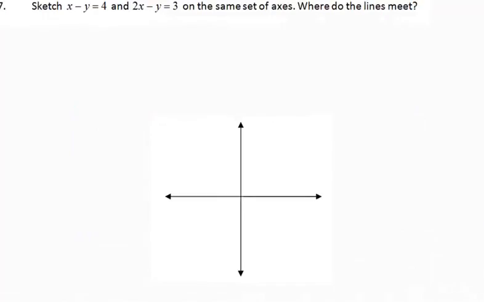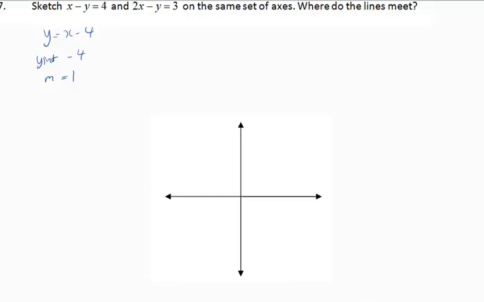So now for 7, we want to sketch 2 different lines onto our graph here. So if we rearrange our equation here, y, switch to the other side, is x minus 4. So our y-intercept is at minus 4 and our gradient is 1.